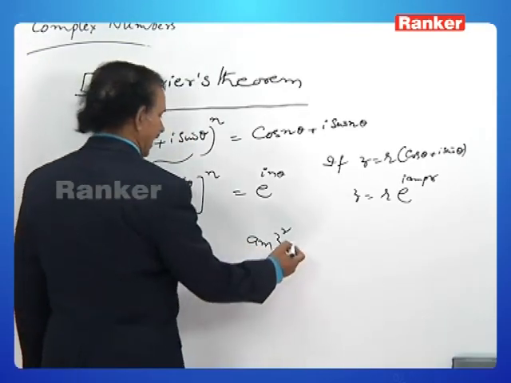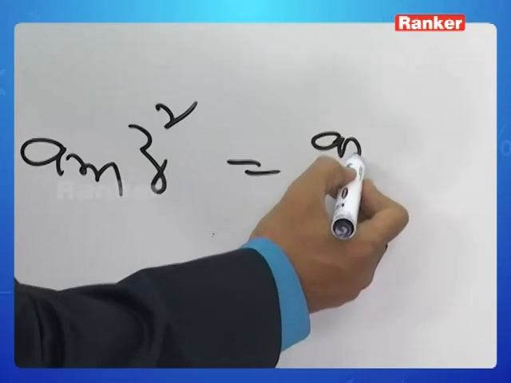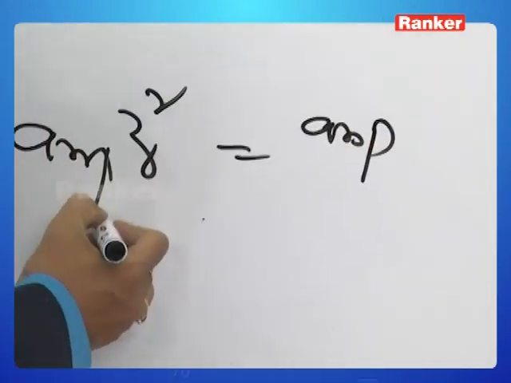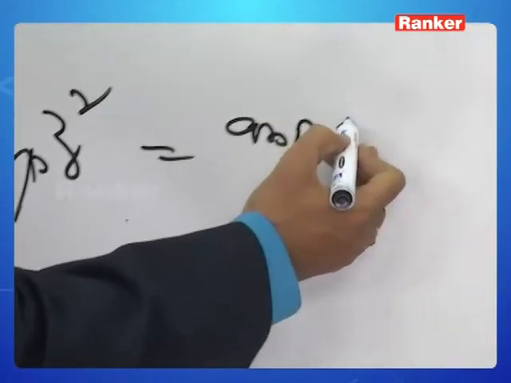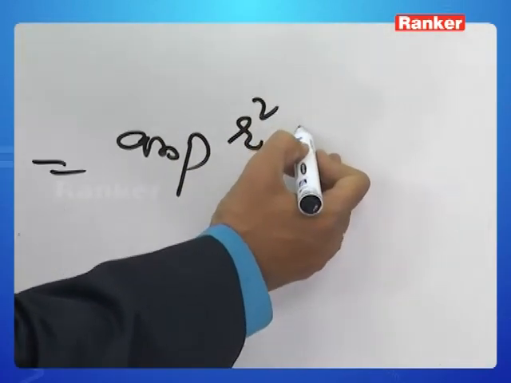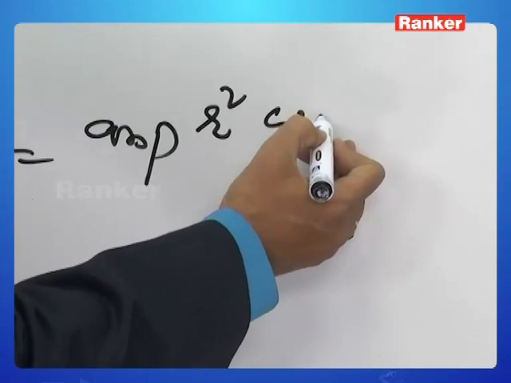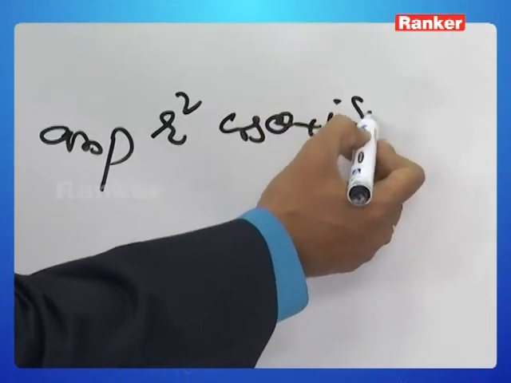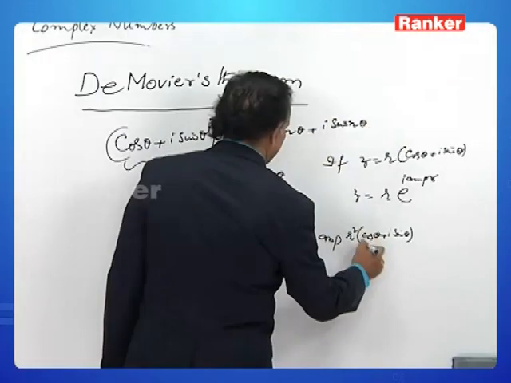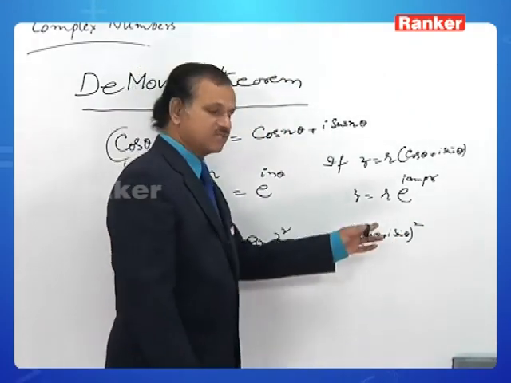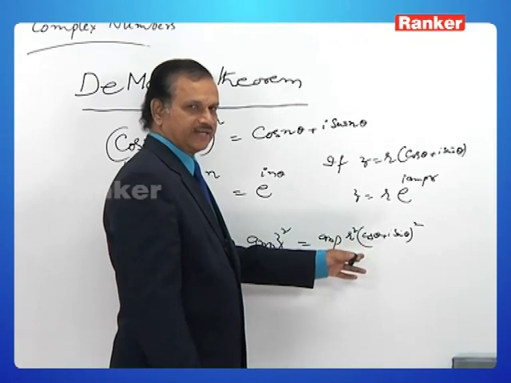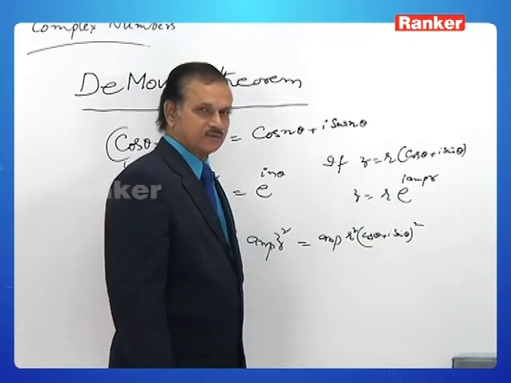Amplitude of z square is equal to amplitude of r into e power i theta whole square, that is r square into (cos theta plus i sin theta) whole square. For this complex number, using De Moivre's theorem, it can be taken as cos 2 theta plus i sin 2 theta.